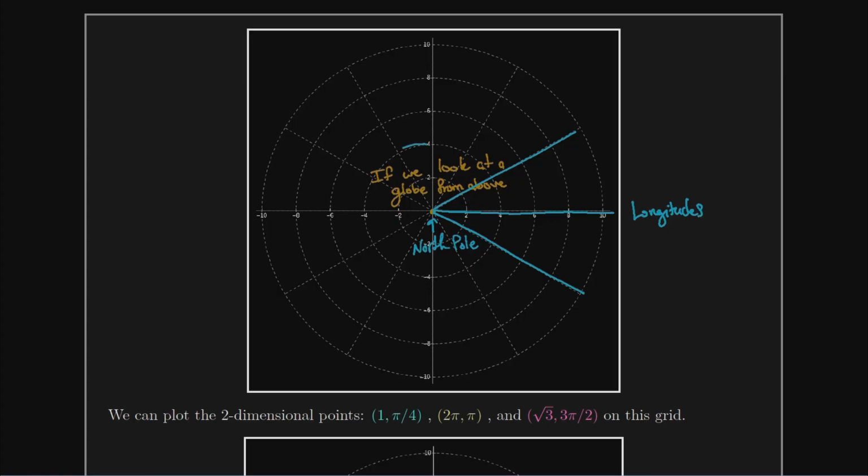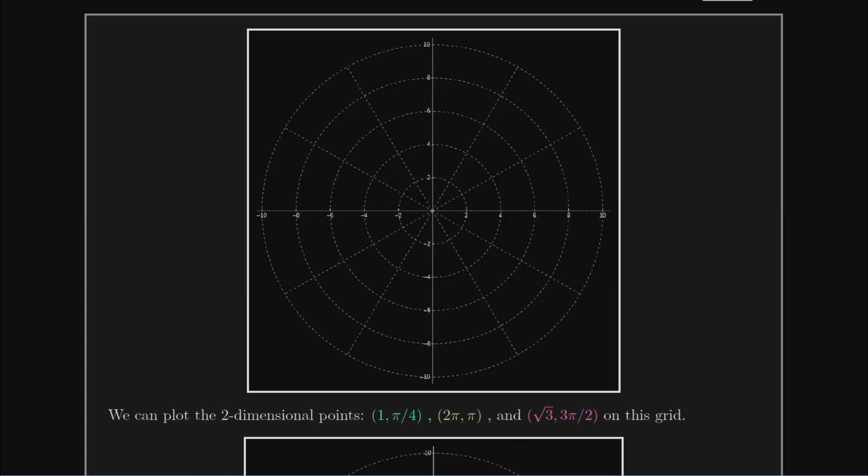And latitude lines, at least near the North Pole, look very much like circles, right? Because they circle the entire globe. But near the North Pole, they just circle the North Pole, so these are latitudes. So that's why we're calling it polar coordinates.